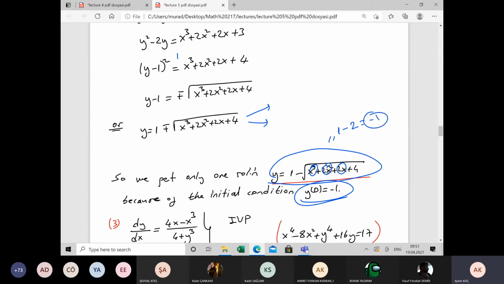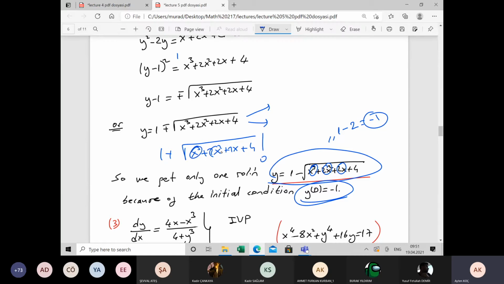If we take the plus, 1 plus this one, x cubed plus 2x squared plus 2x plus 4, with x equal to 0, this one is 0, and so we obtain 1 plus 2, which is 3. Not satisfying our initial condition. So, this one is not a solution. It's okay.